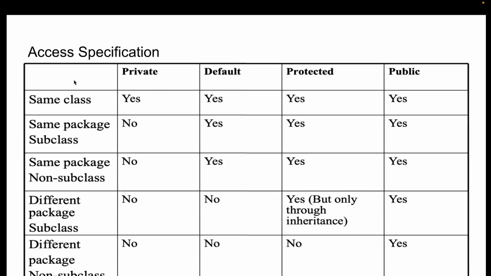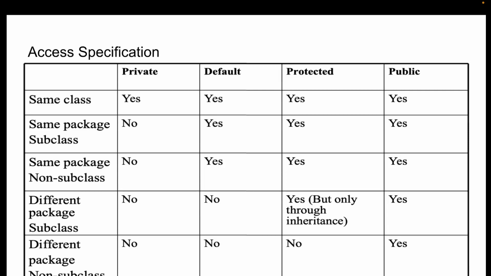If you see this table, on the left hand side in the first column we have the package access level: same class, same package subclass, same package non subclass, different package subclass. What that means is the private access specifier is only accessible in the same class. Suppose you have created some private method or a private variable.